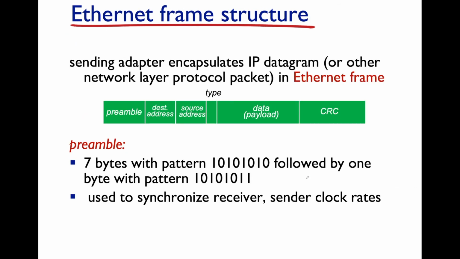And so what this Ethernet frame structure contains, when you encapsulate your payload, this is your network layer datagram, you have a preamble section on your Ethernet frame, and the preamble's whole purpose is to synchronize the clocks between the sending Ethernet card and the receiving Ethernet card.